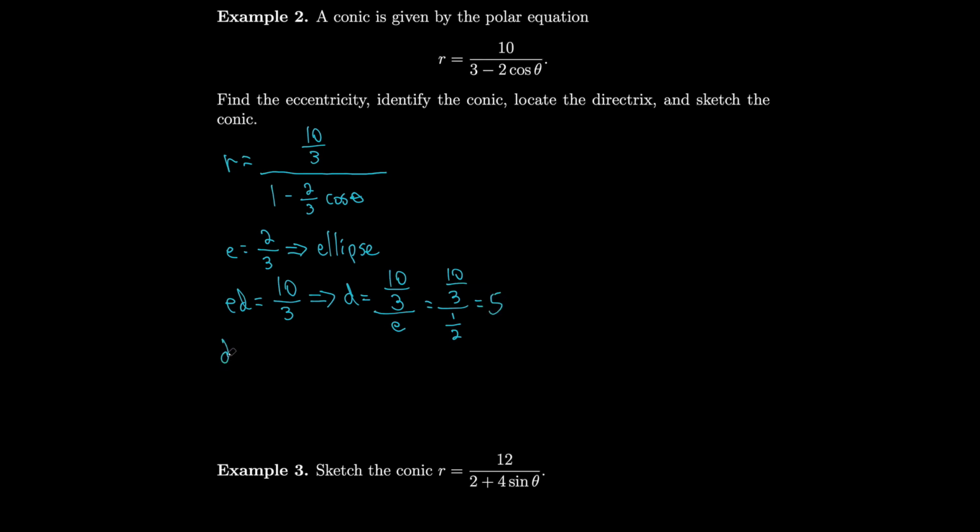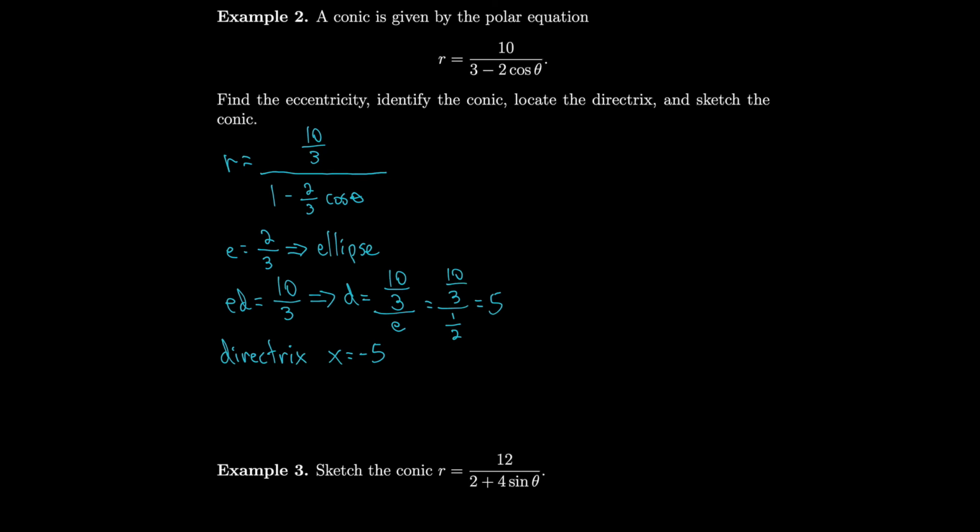So our directrix, well, remember this is cosine, so this is an x equals directrix. So our directrix is at x equals -5, because in this case, we're negative for our directrix.